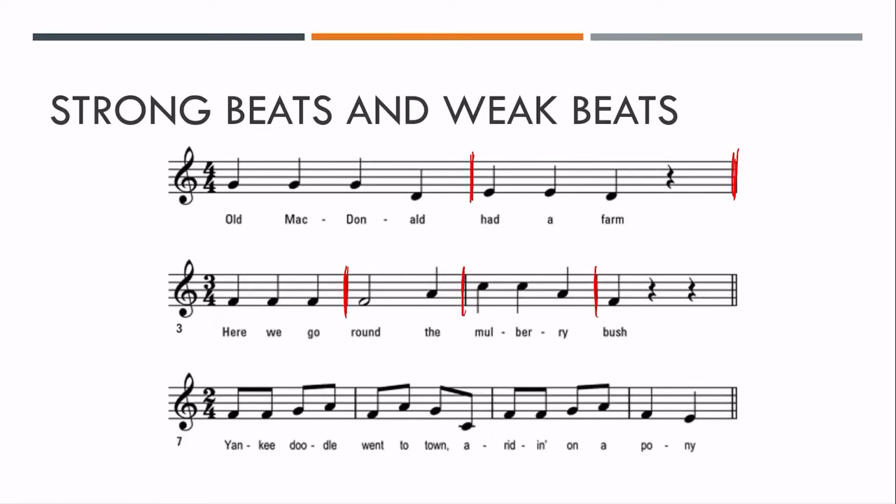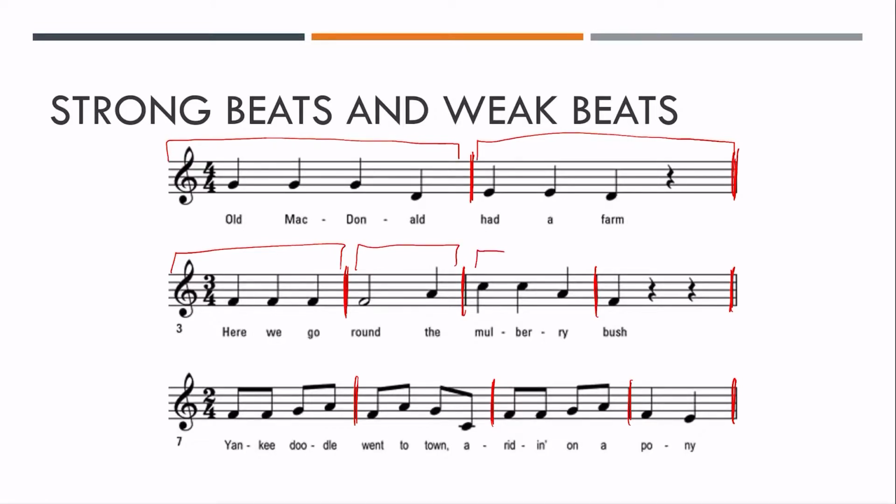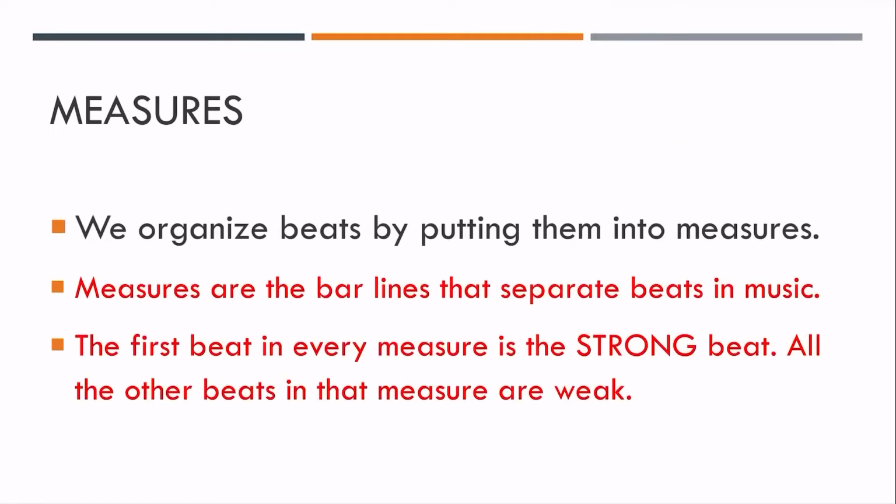These are the bar lines that show us where our measures start and end, specifically, okay? So, for example, from here to here is a measure, from here to here is a measure, and so on and so forth. If you see a bar line, that marks the beginning and or the end of that measure. Okay, so let's go back.